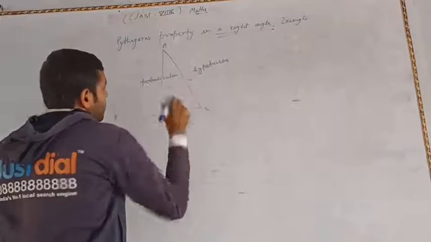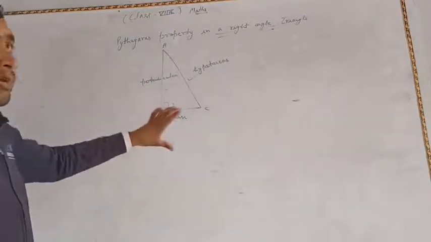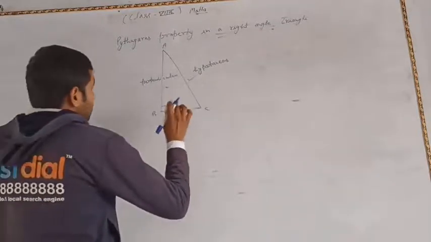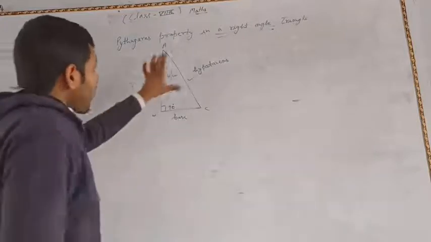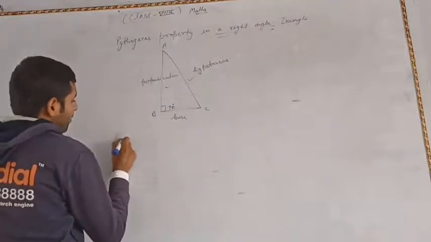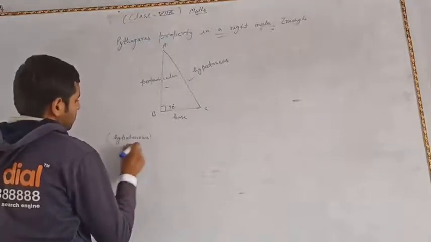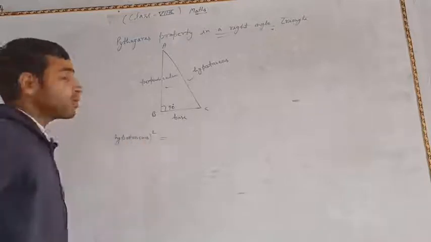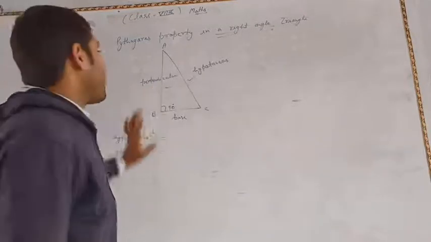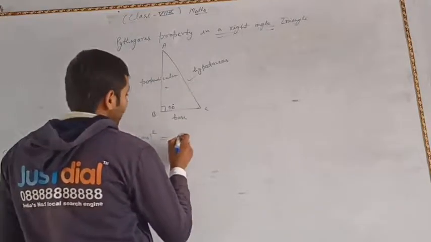So in any right angle triangle, by Pythagoras theorem, the square of the hypotenuse is equal to the sum of the squares of the other two sides of the triangle.